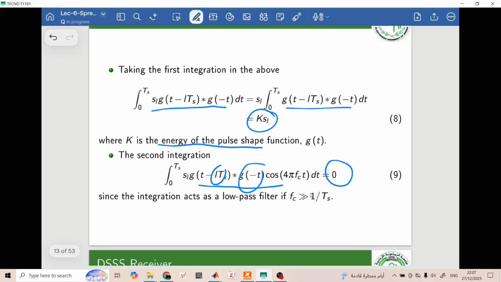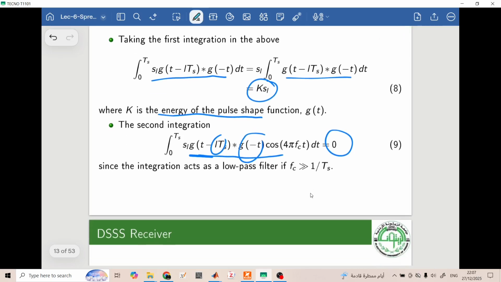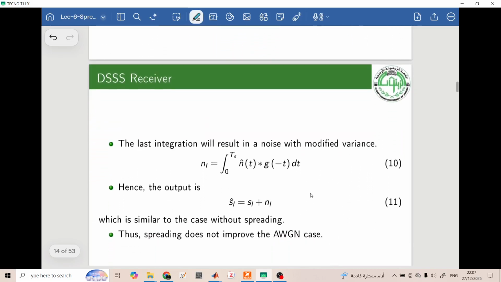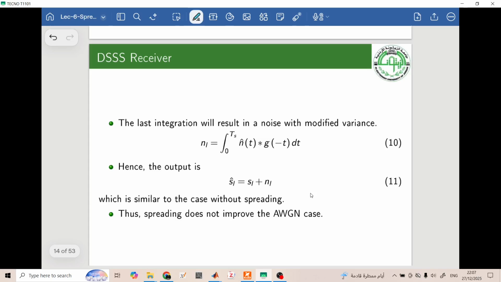This pulse that is coming with the signal is not synchronized with the match filter pulse. So this is a low pass filtering effect. As for the last integration, this is the output of the match filter related to the noise term. So this is what we get, and this is what you have seen before in the basic digital and analog communication courses.